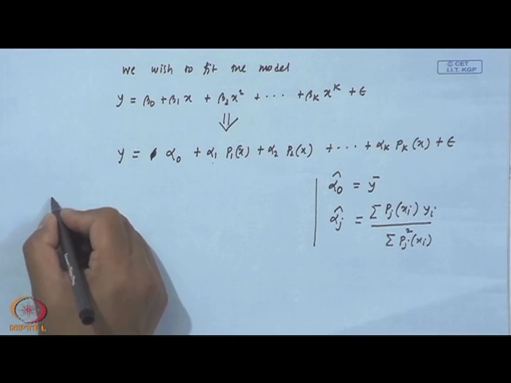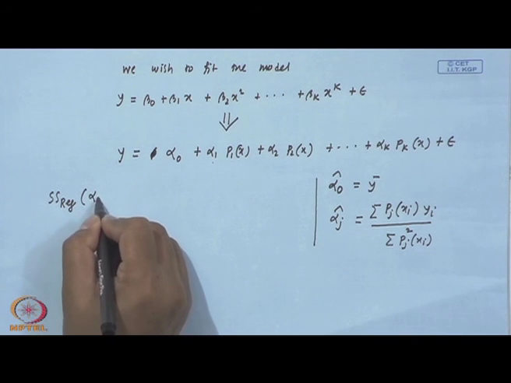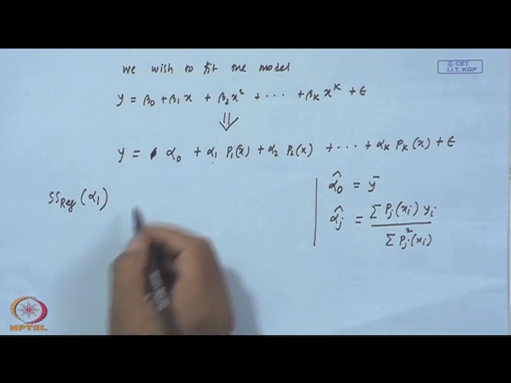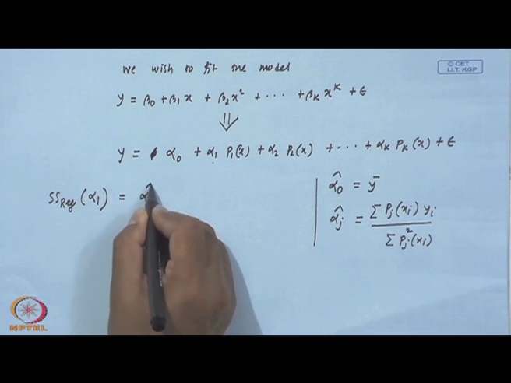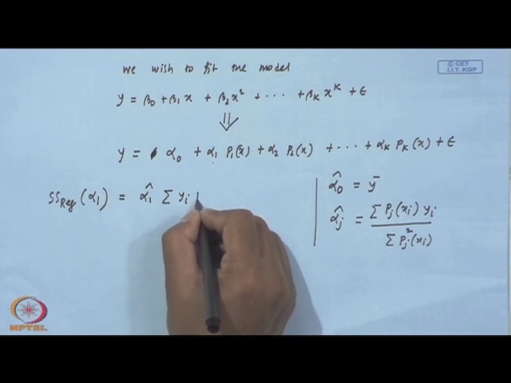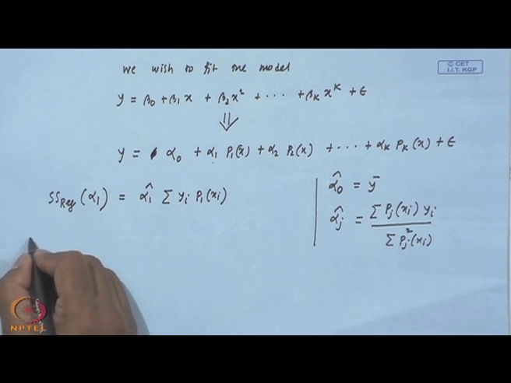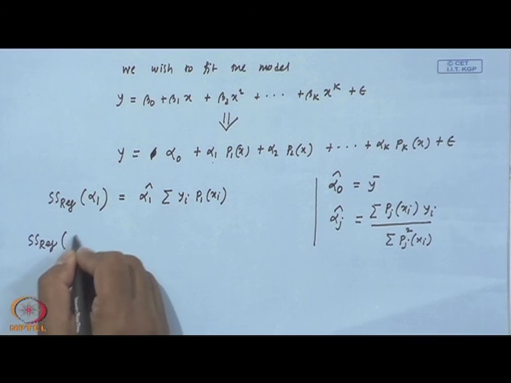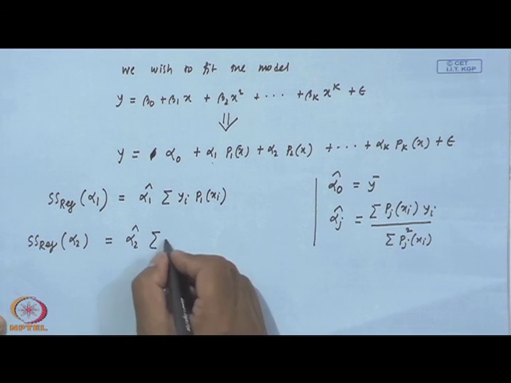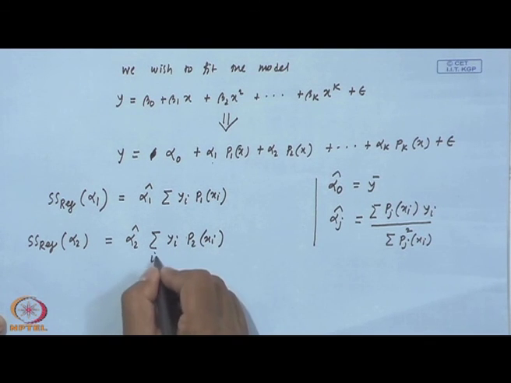Let me just write down that you also know that the SS regression due to alpha 1, that is the contribution of the first order term in the polynomial, is equal to alpha 1 hat sum over yi p 1 x i, and similarly SS regression due to alpha 2 is equal to alpha 2 hat sum over i yi p 2 x i for i equal to 1 to n.